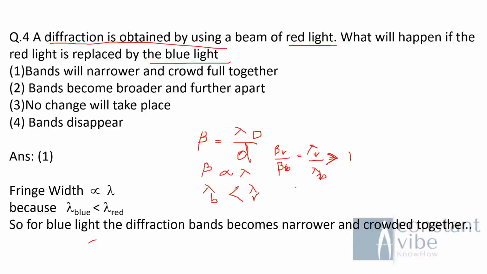So that means the bandwidth beta for blue is less, so the blue light diffraction bands become narrower and crowded together.